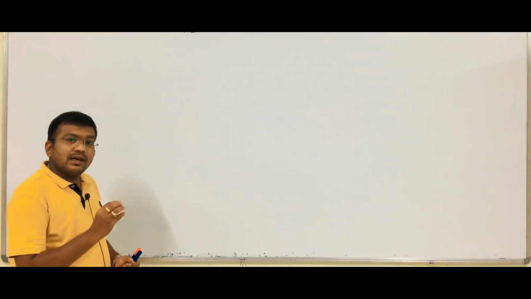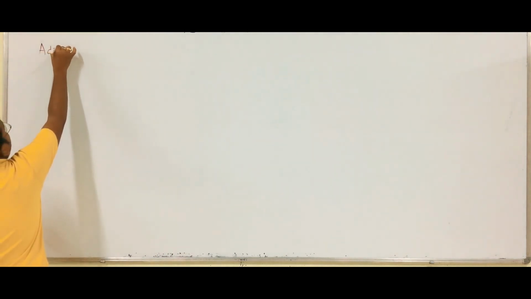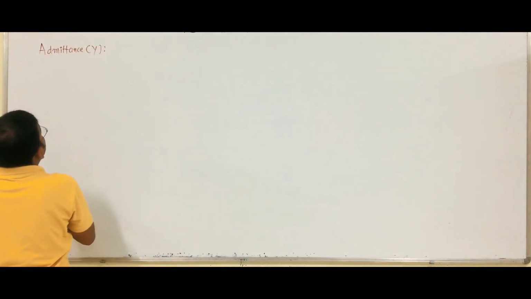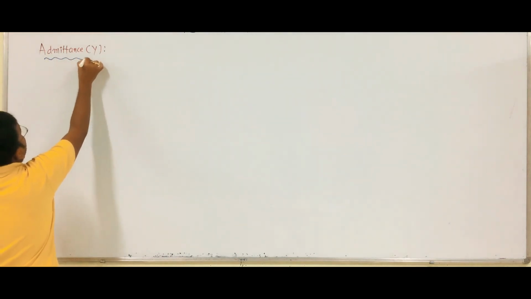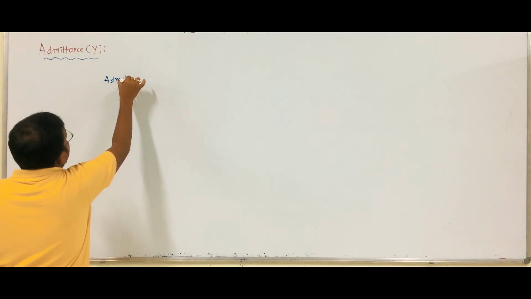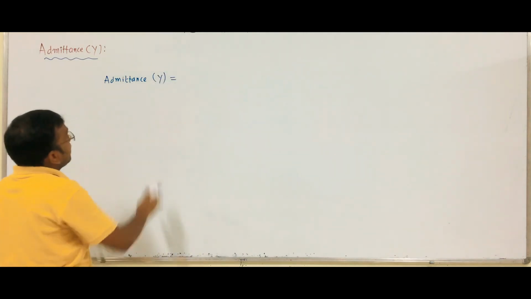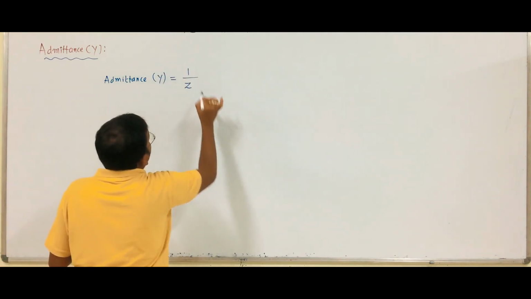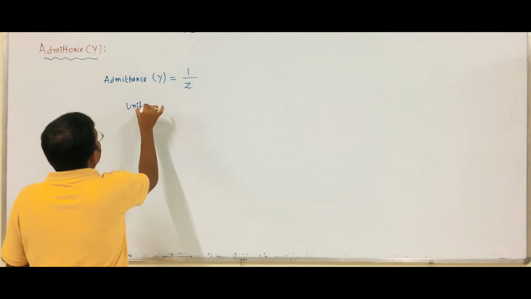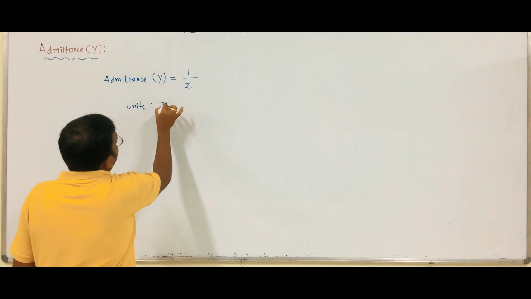Next we will discuss the concept of admittance. If we know the concept of impedance, then the concept of admittance is very easy. Simple. Admittance is represented as Y, the reciprocal of impedance. Units: the unit of impedance is ohms, and for admittance we have mhos.